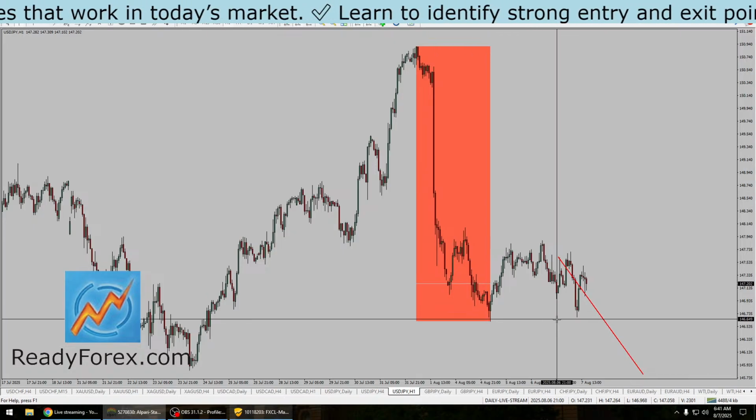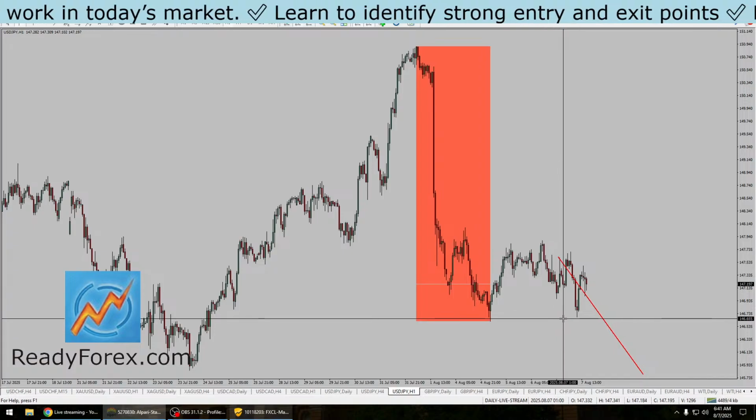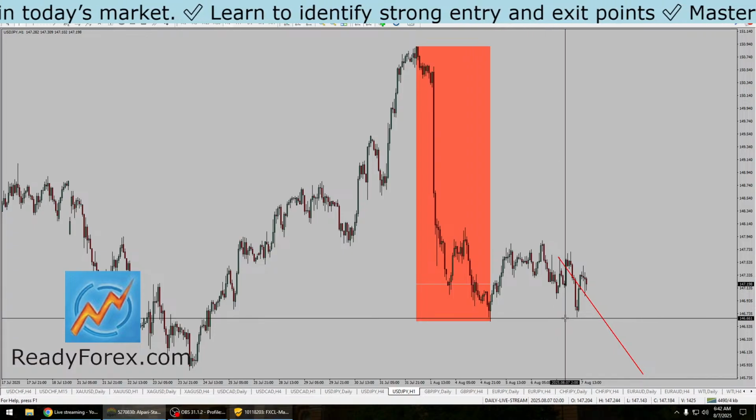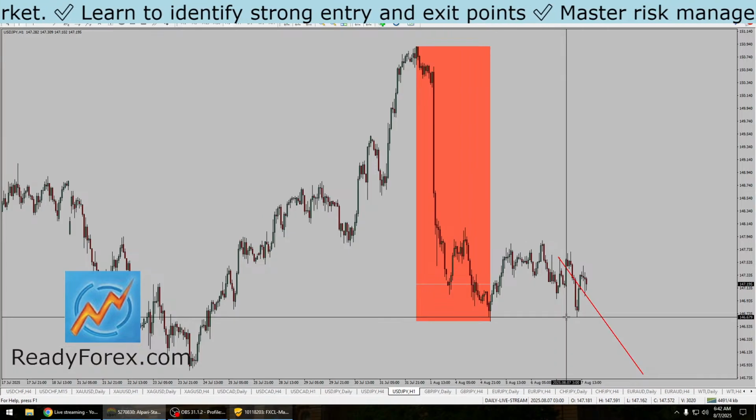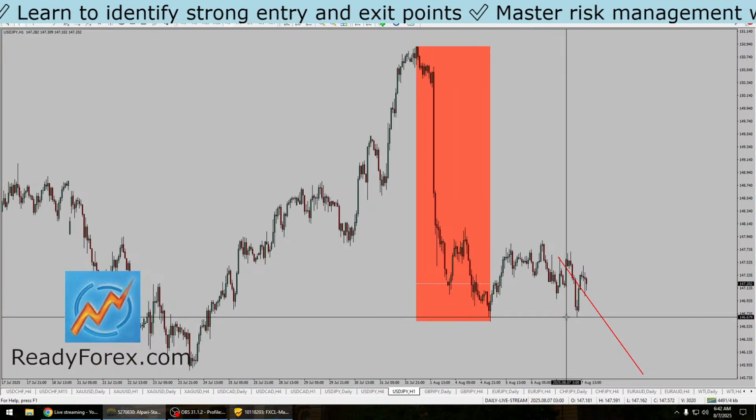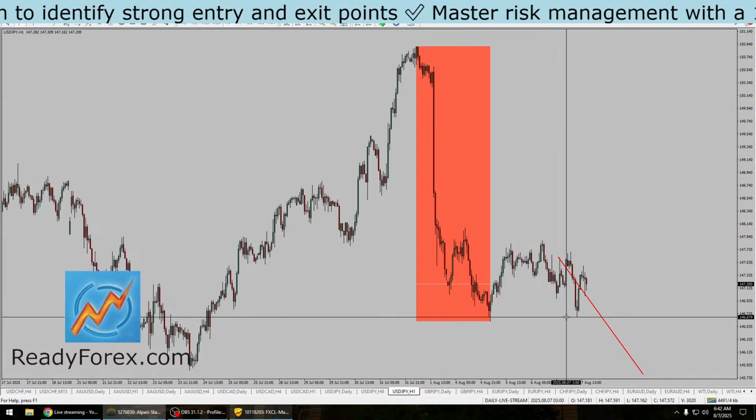Okay, I'm going to place a sell stop pending order again in US dollar versus Japanese yen currency pair around 146.67 area.